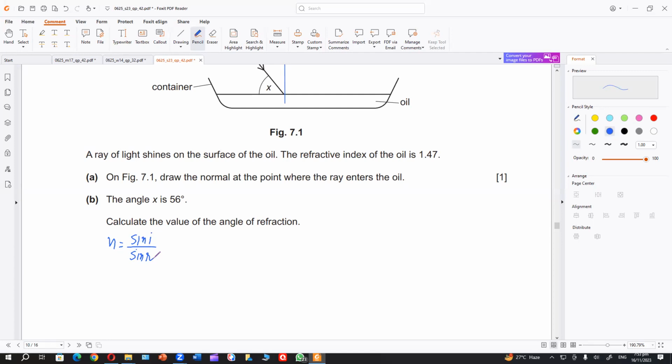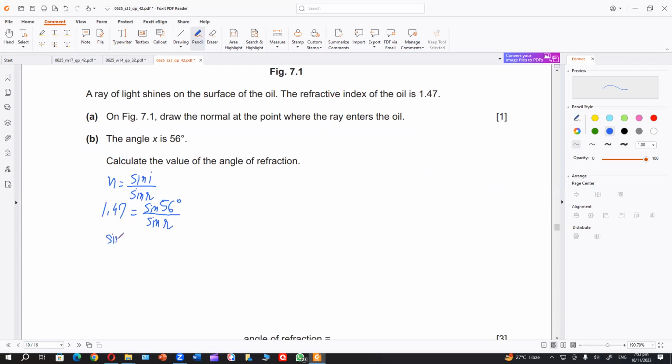N is 1.47. So now please quickly solve this. You have to be quick.